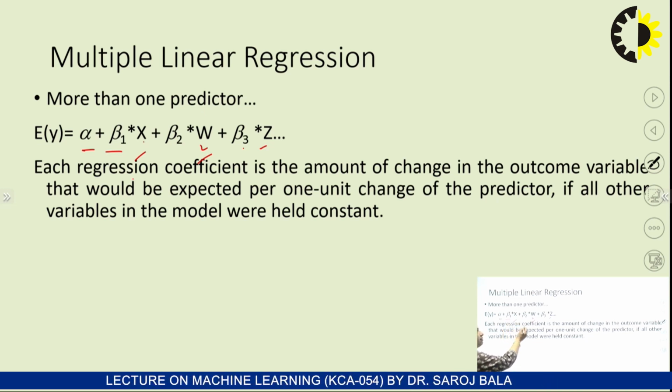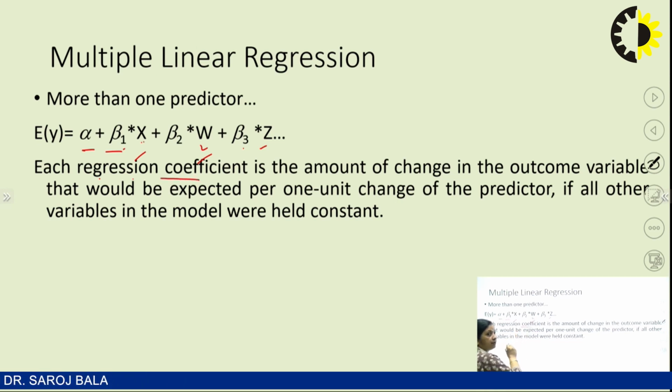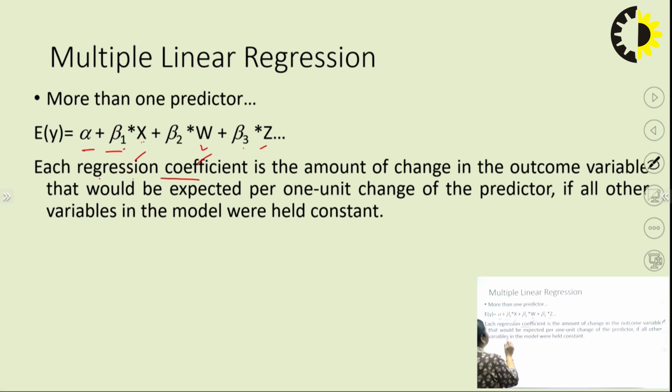So now we have different regression coefficients, one for each particular variable. Each regression coefficient is the amount of change in the outcome variable that would be expected per unit change of the predictor. If I make a 1 unit change in x, what will be the amount of change in the output? That is defined by its regression coefficient.